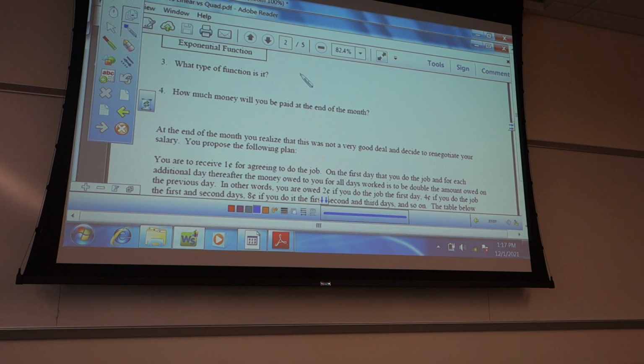Linear function. So after the end of 30 days, how much money should you make? I want to find out how much money you should make after 30 days.